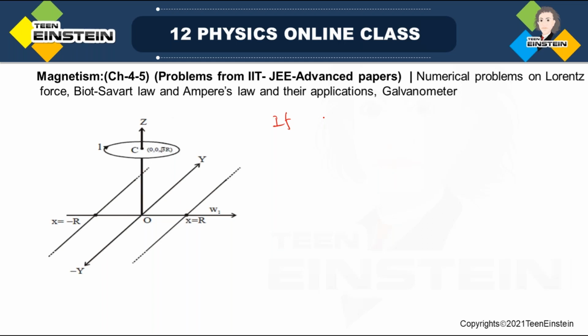Okay, so this is actually option D. See this position, this center is actually at 0, 0, root 3 into r, so it is not very difficult to calculate the magnetic field.